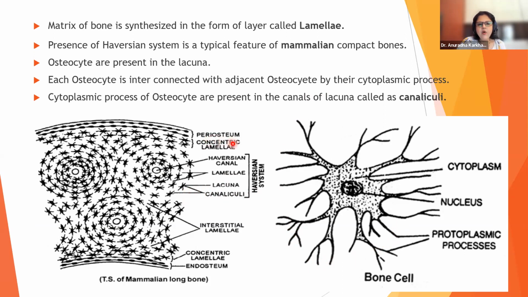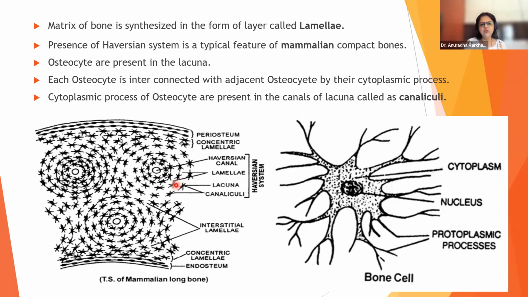So ये periosteum. You can see the periosteum. You can see the concentric lamella. Concentric lamella मतलब ऐसे आप देख रहे हो कैसे circular circular है एक के अंदर एक, right? In that you can see the Haversian canal at the center, surrounded by the osteocytes present inside the lacunae, and the lacunae are branching out, which forms the canaliculi.